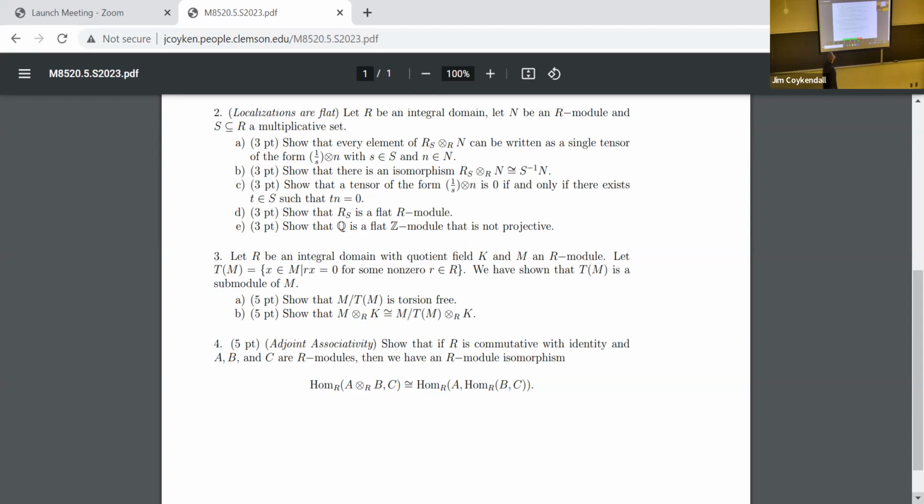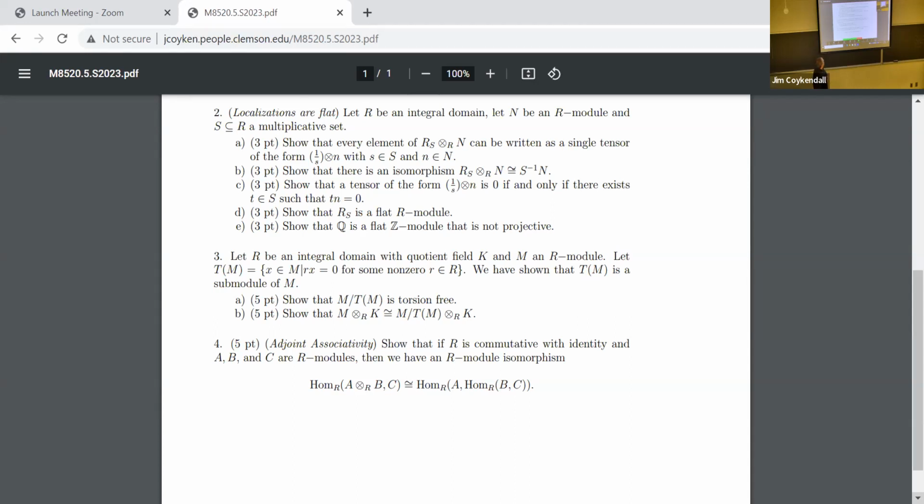Let R be an integral domain, K its quotient field, and M an R module. Let T of M be the set of x in M such that rx equals 0 for some non-zero r in R. We actually talked about this last time. T of M is what I'm calling the torsion elements of the module.